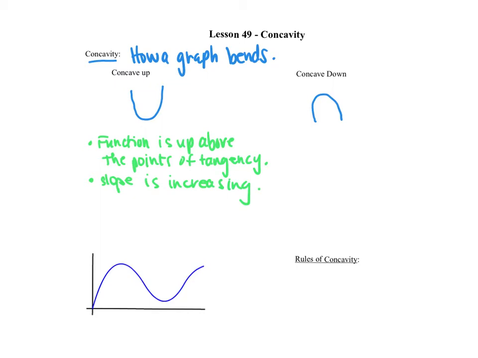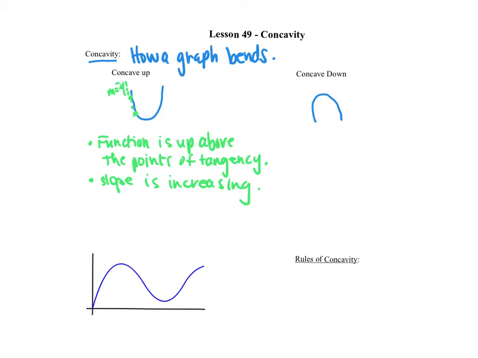So if this function up here is in blue, what it means is if I find a point of tangency right here, and my function is above that point. If I find, I'm going to make up a number for that slope. I'm going to say that the slope is a -4.